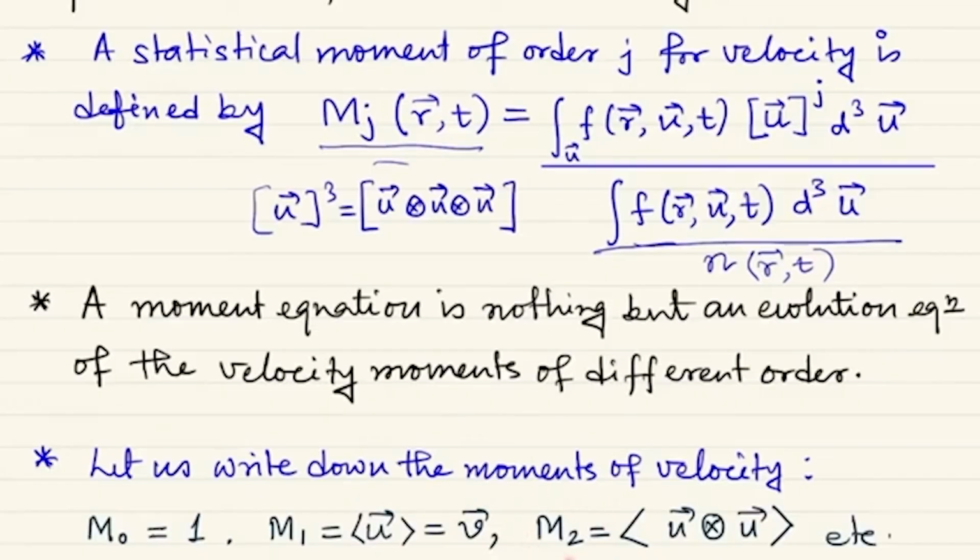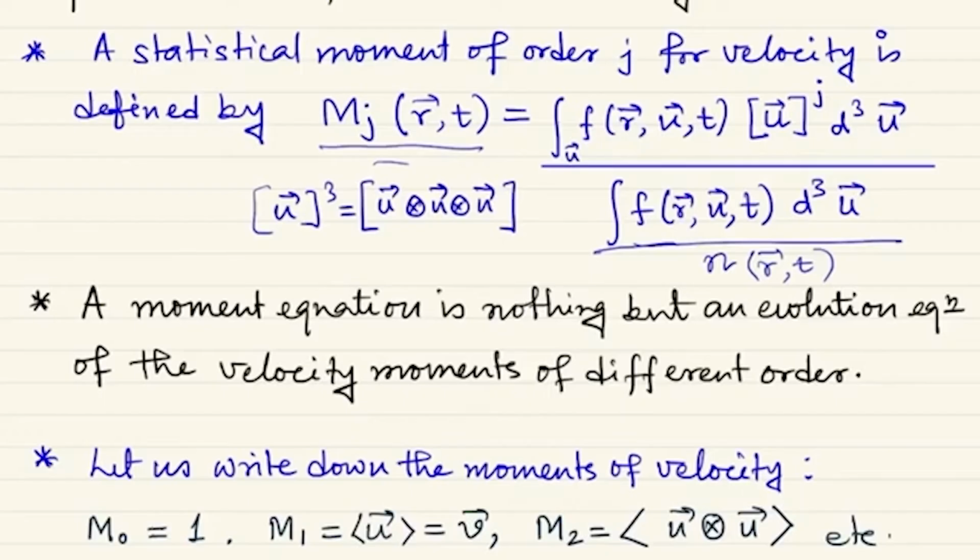Then what is the moment of the second order? As I just said, that will be simply nothing but the average of u tensorial u. Moment of third order, for example, you know now, that will be the average value of u tensorial u tensorial u.